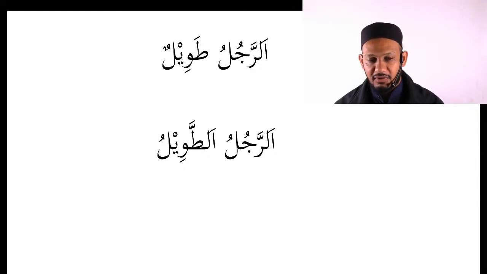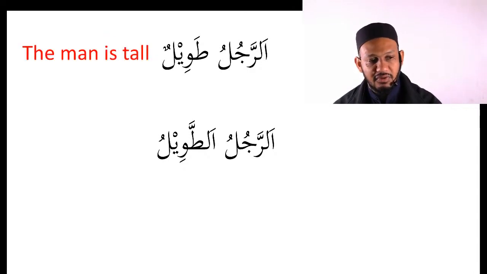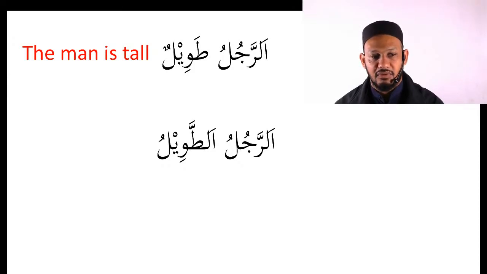And then the second one, how do you translate the second one? The second one is ar-rajulu at-tawilu. So the first one is translated as the man is tall. Why do I translate it as the man is tall?